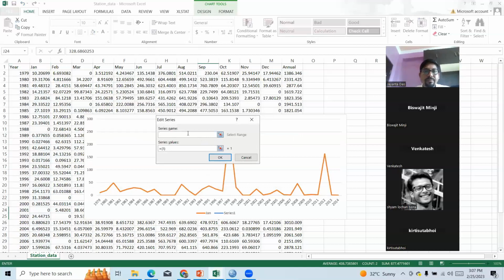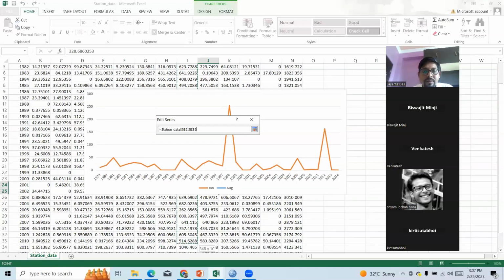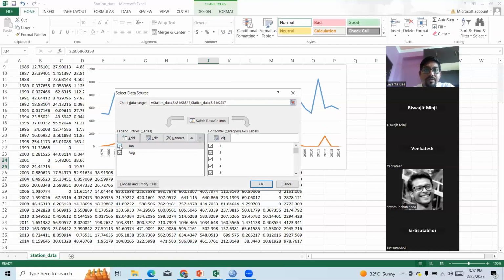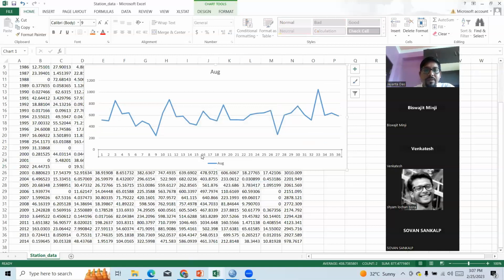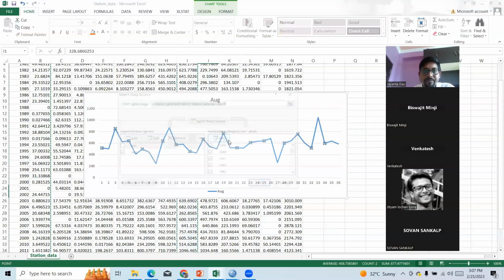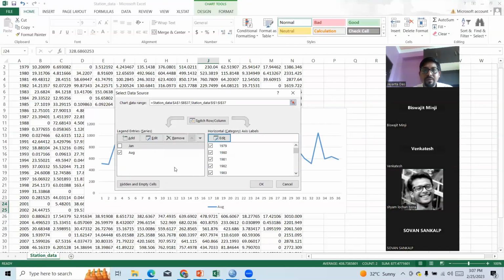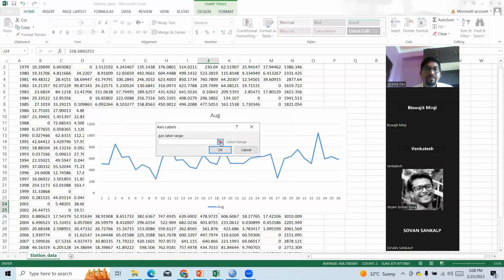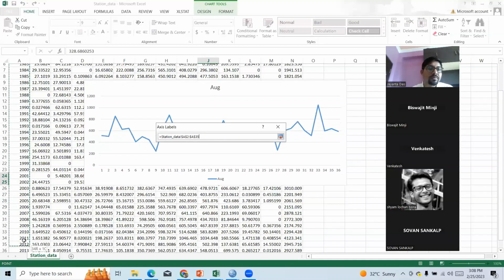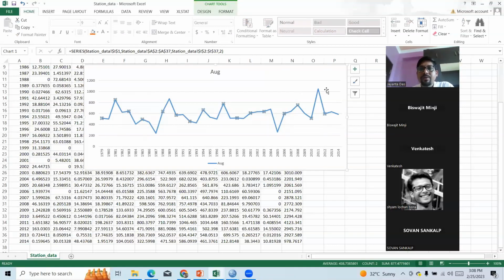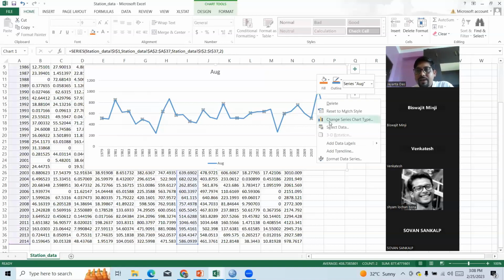Add data. August. Up to here. So now if you want to draw a trend line, we can easily add a trend line.